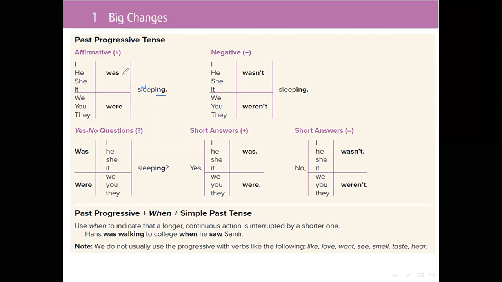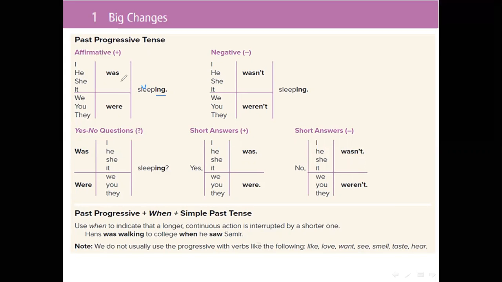What is the difference between was and were? We will use was if the subject is singular. I was, he was, she was, it was, Rana was. But were is used for plurals. We were, you were, they were, Rana and Huda were.